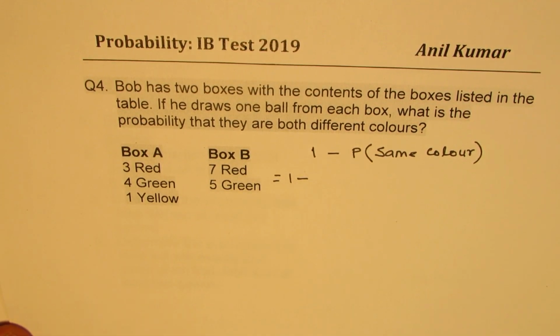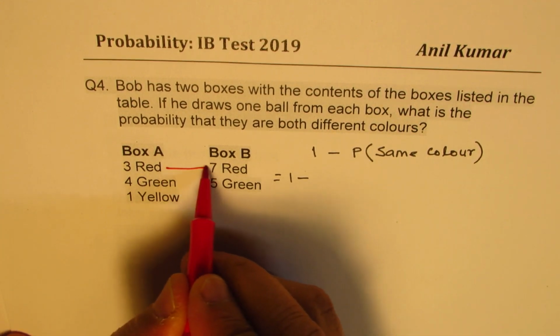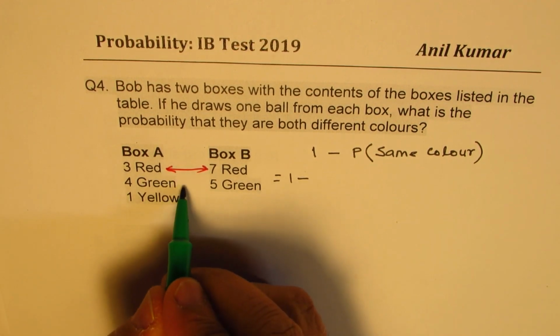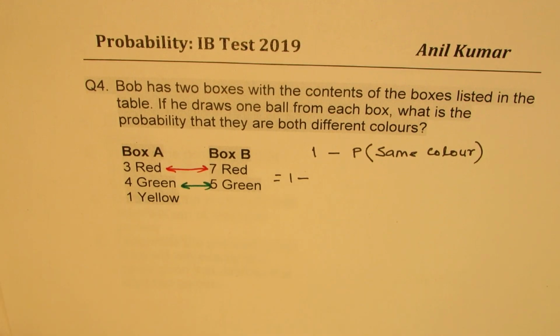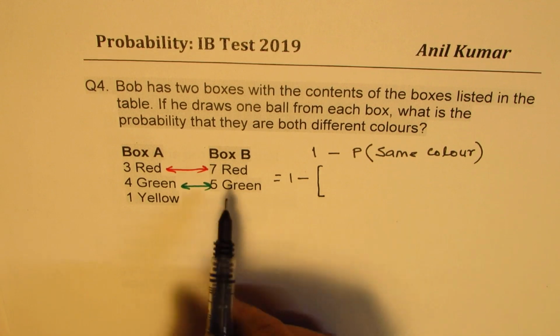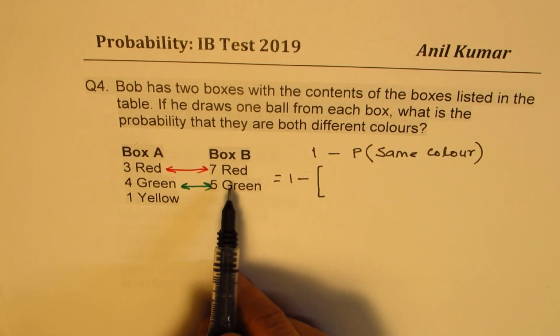So either it could be both red. So that could be one combination. Same color, or we could get both green. Correct? So what is the probability of getting both red?